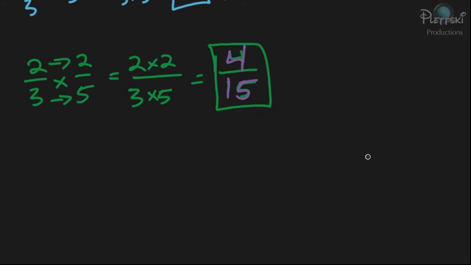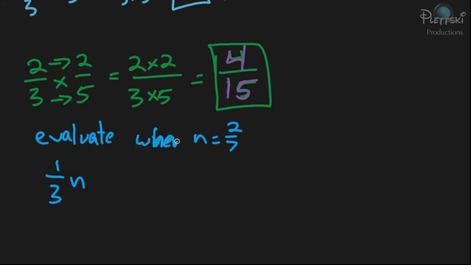Okay, another example could be, well, let's say we use some algebra. Let's say we have 1/3 n, and the question says that n equals 2/7, and it says evaluate when n equals 2/7.